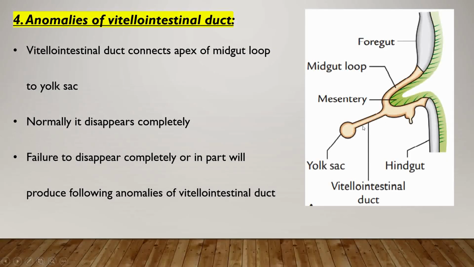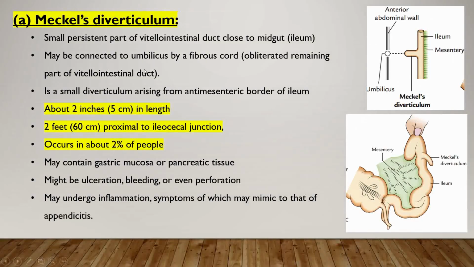Okay. Now, anomalies of vitellointestinal duct. We know already there is vitellointestinal duct which is connecting apex of the midgut loop to the yolk sac. Normally it disappears completely. Failure to disappear completely or in parts will produce different types of anomalies of vitellointestinal duct. First one is Meckel's diverticulum.